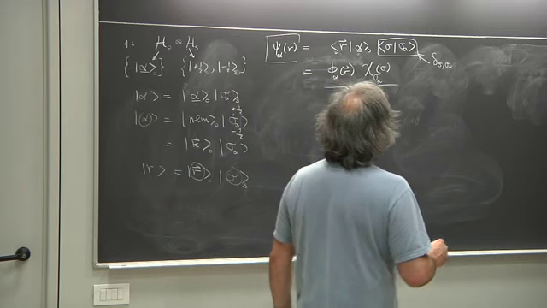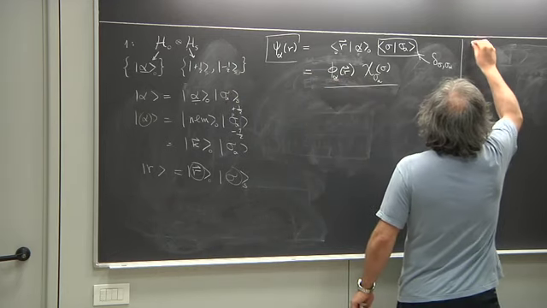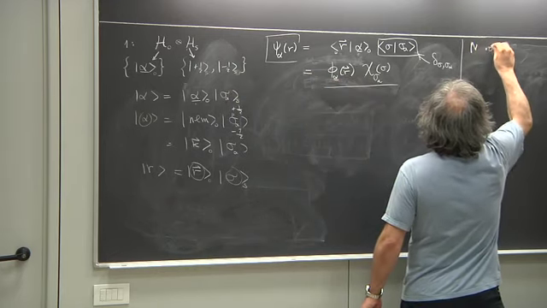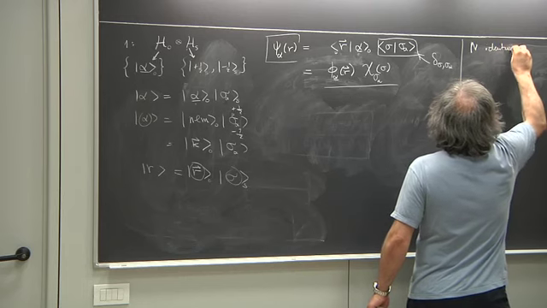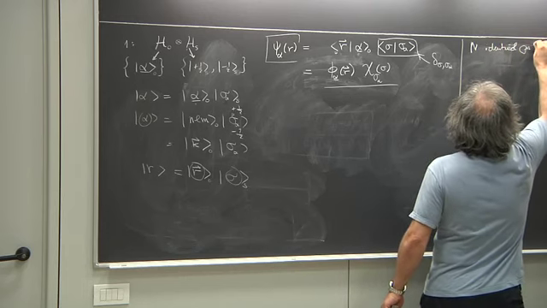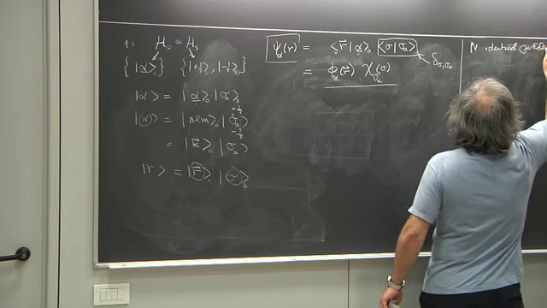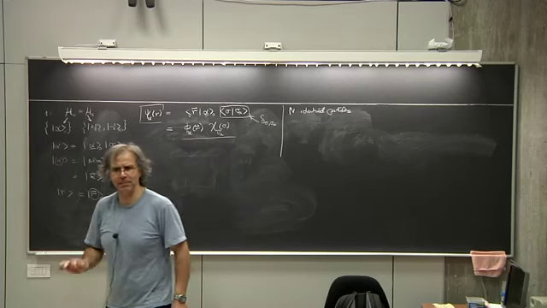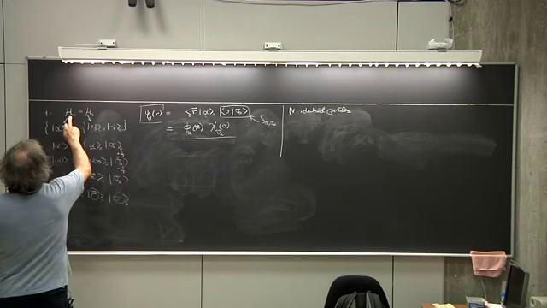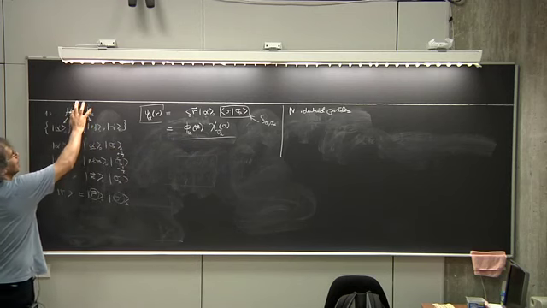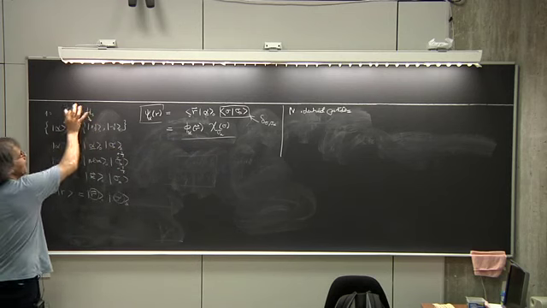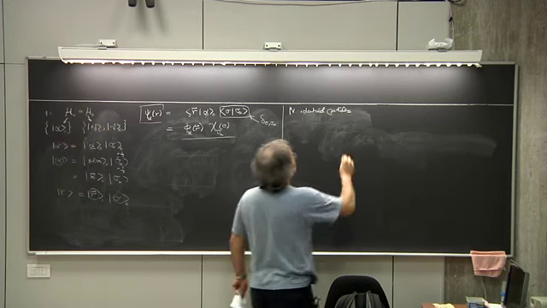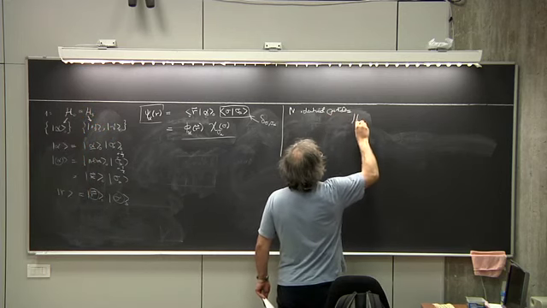So I now have n identical particles. If the particles are not identical, by the way, then there is nothing particular. It's pretty much like here. So you, again, take the Hilbert space of the first particle. Let me indicate it by H1.